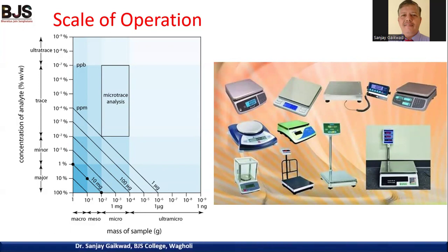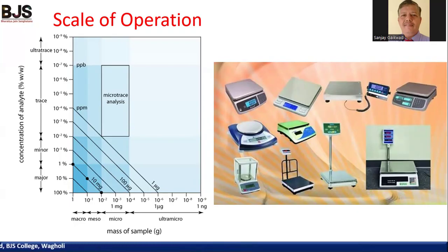In this way, with respect to the scale of operation, we can choose the analytical method with the help of this standard graph. For example, in the case of weighing, for the micro level we can select a balance with a least count below 1 milligram, or 0.001 milligram.